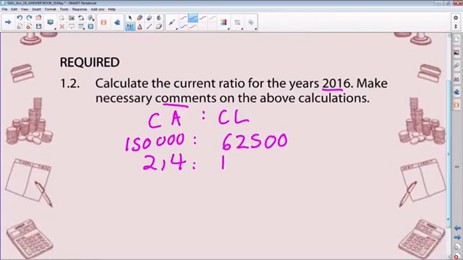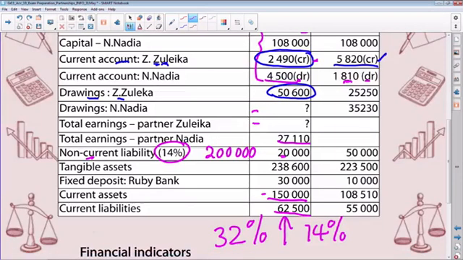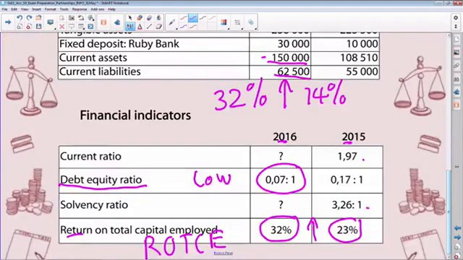Okay. Right, they want me to comment, so let's do that. So remember, this represents 2016. So if I now go back to my information sheet, let's look at the ratio for 2015, the previous financial year. So in the previous financial year, our current ratio was sitting at 1,97. And remember, we just calculated this year, it's sitting at 2,4.